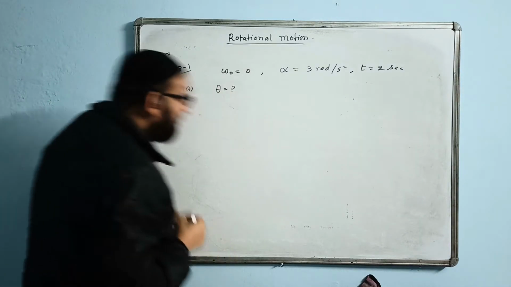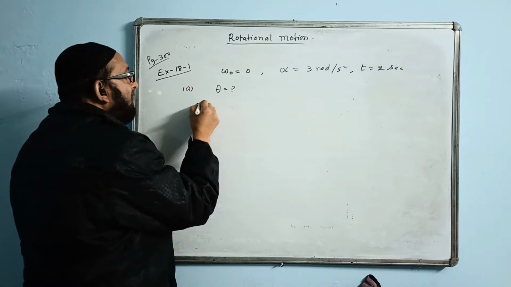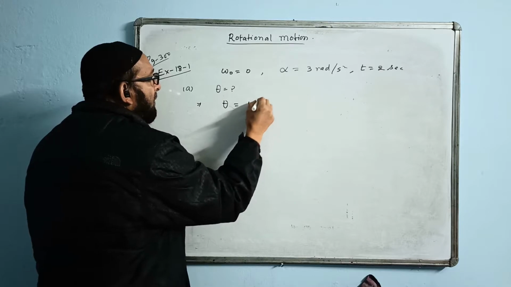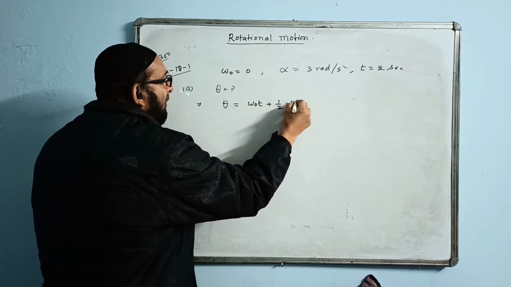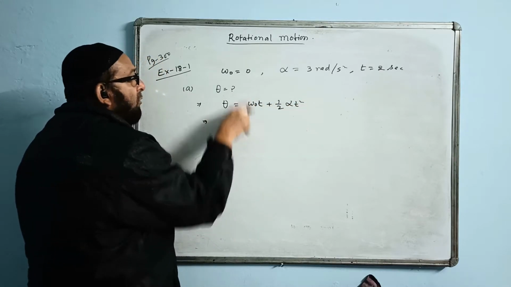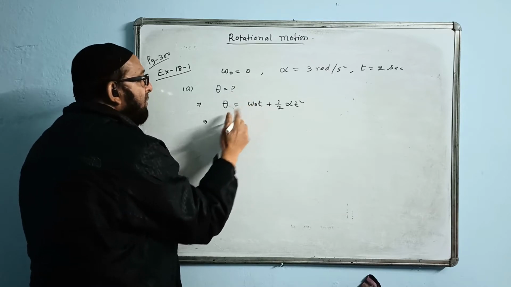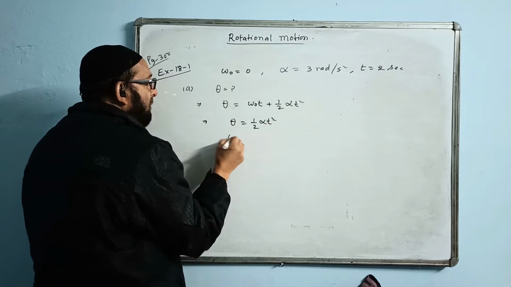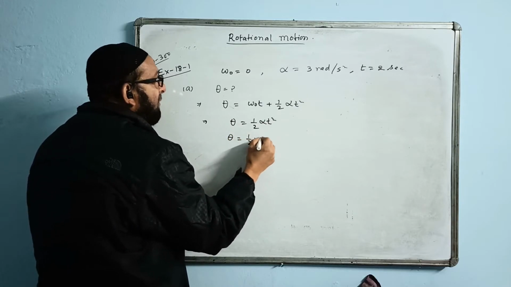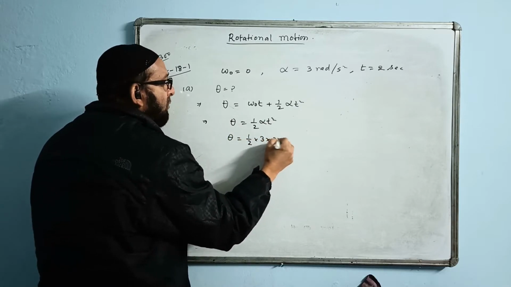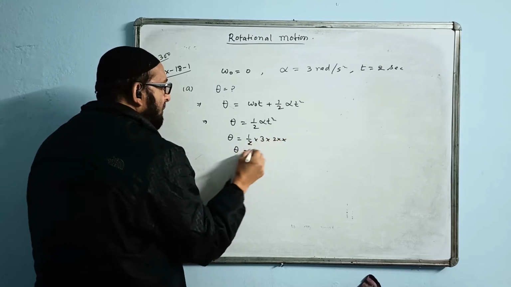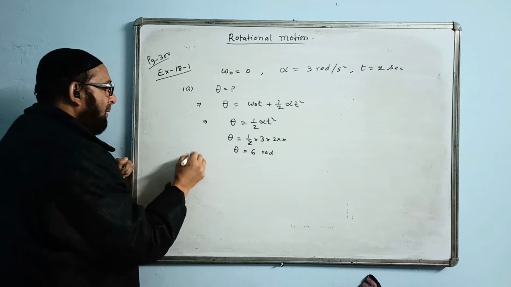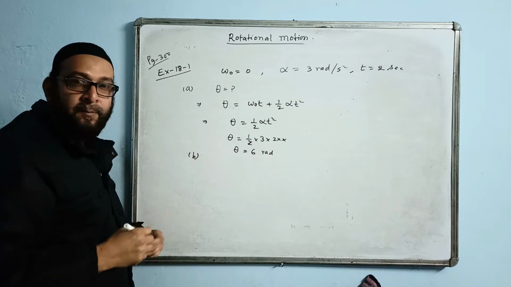The formula is theta is equal to omega naught t plus half alpha t squared. Omega naught is 0, so this part we can leave. This becomes theta is equal to half alpha t squared. Alpha value is 3, time is 2 into 2. So the answer for theta is 6 radian.